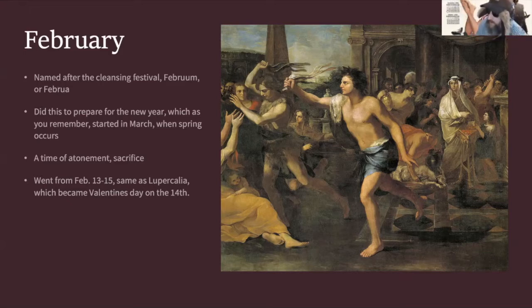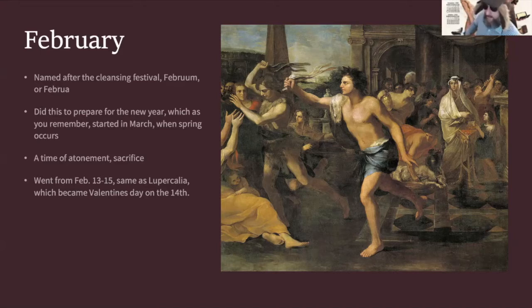It looks like it's a time of atonement. They did this to prepare for the new year. It was a time of sacrifice, and with the new year starting in March, when spring occurs, I guess they just wanted to make sure that they were free of dirty sins and whatnot.